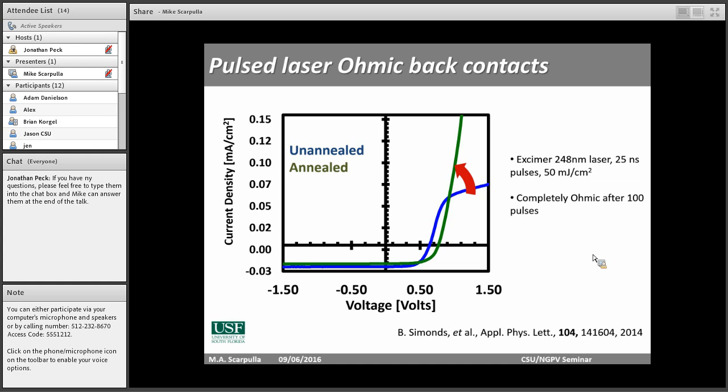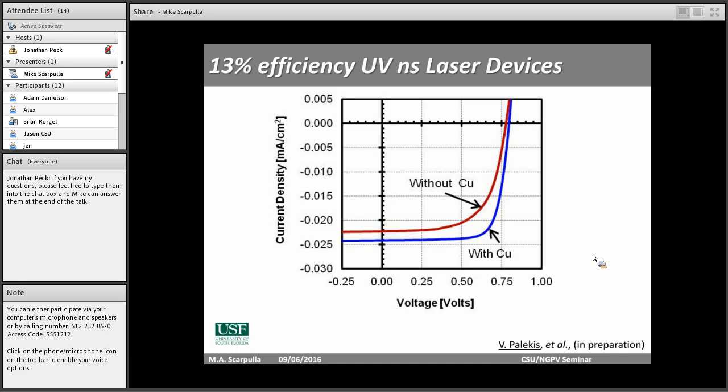So we investigated this as a function of number of pulses, and also with and without copper, and not too surprisingly, the samples in which we added a very thin layer of copper before we did the UV laser treatment behaved a lot better. As you can see here, the fill factor is a major factor here, as well as some JSC difference.